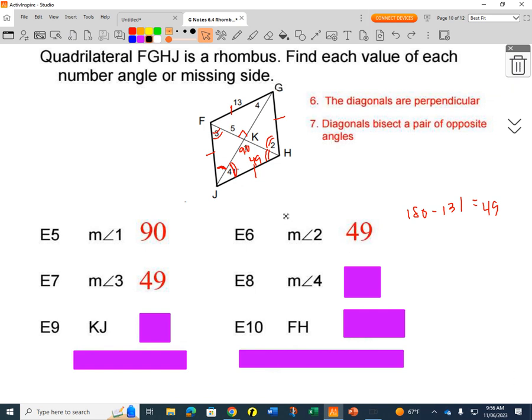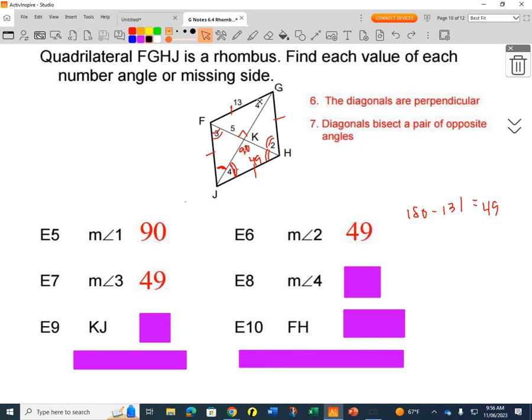The measure of angle 4. What do you think the measure of angle 4 is? Zariah, can you tell me? Angle 4 is right here. What do you think, Hannah?